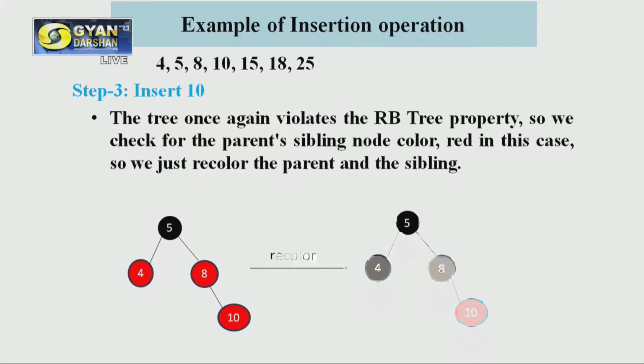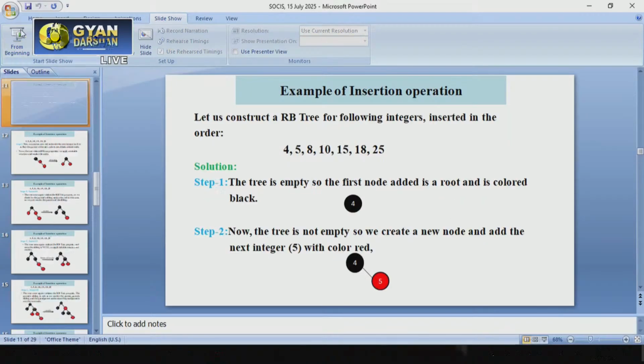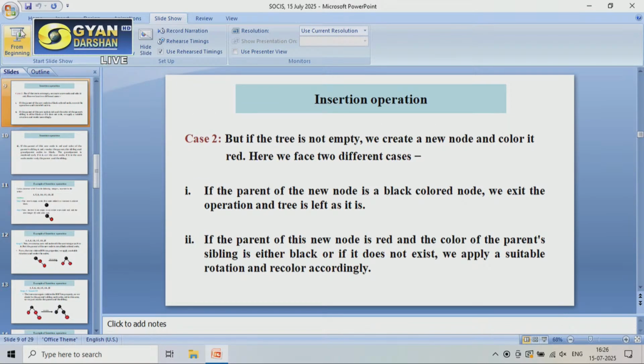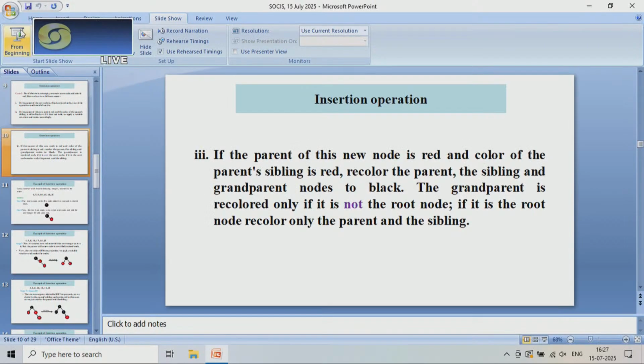So in that case, what we will do? We will recolor. Out of these, which case arises? It is the third case. If the parent of this node is red and color of parent sibling is red, recolor the parent, the sibling and grandparent node to black.